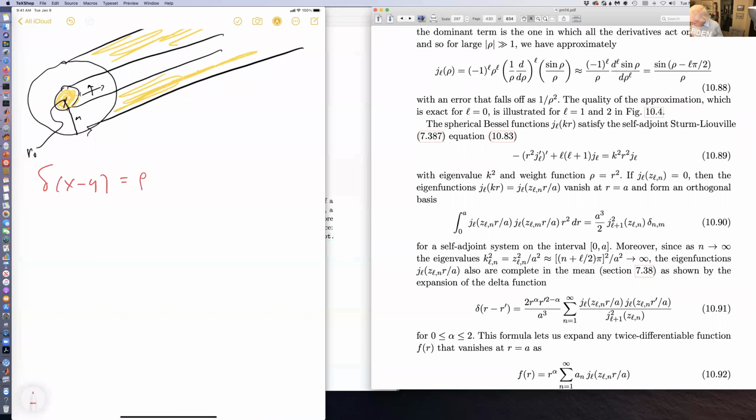This is in general rho to the alpha of x, rho to the 1 minus alpha of y, sum over i from 0 to infinity, u_i of x, u_i of y. And if these are complex functions, one of them is the complex conjugate, so you write a star there. This is for when they're normalized.